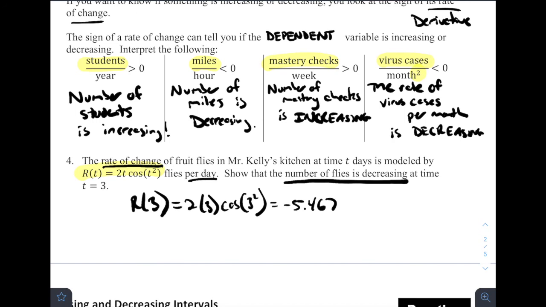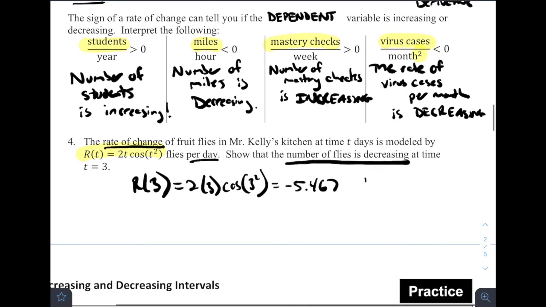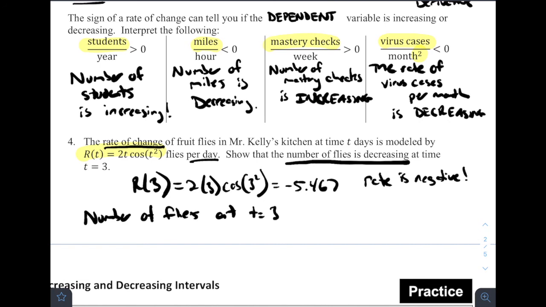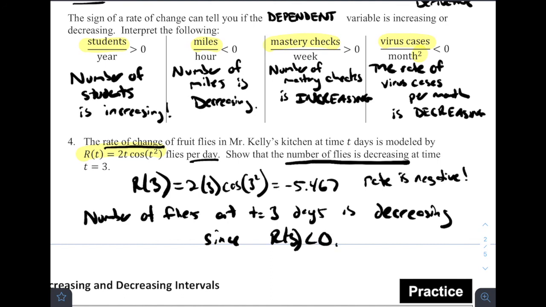Because that rate is negative, therefore the number of flies at t equals 3 days is decreasing, since r of 3 is less than 0.